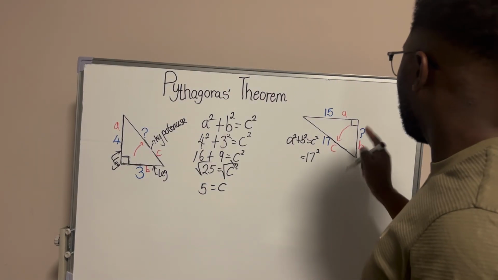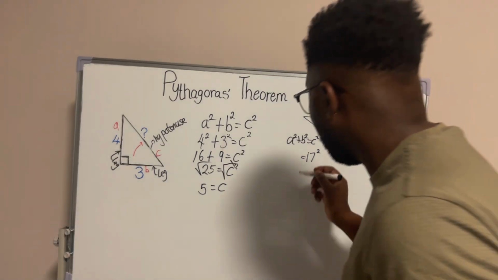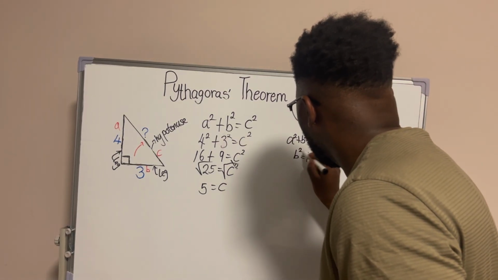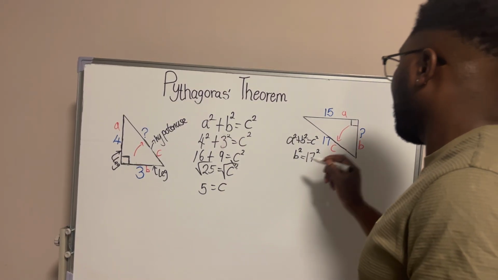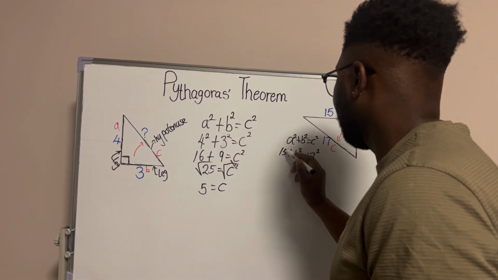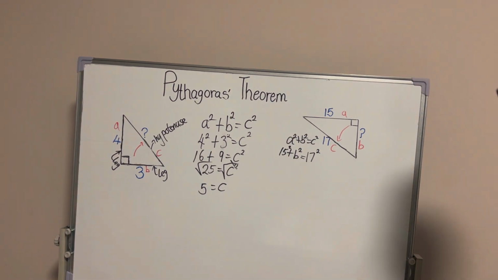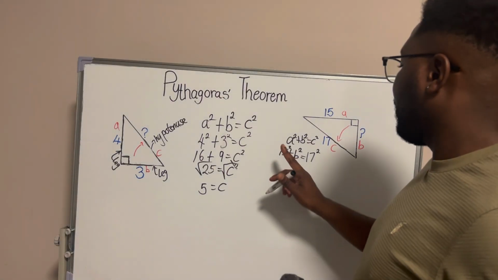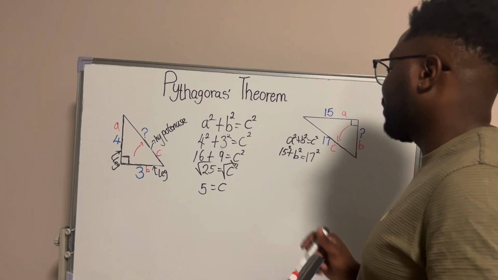Our B is our missing side, so we don't know that part. Our A over there, which we already have, is 15 squared. Okay, so now let's find the values of 15 squared and 17 squared.